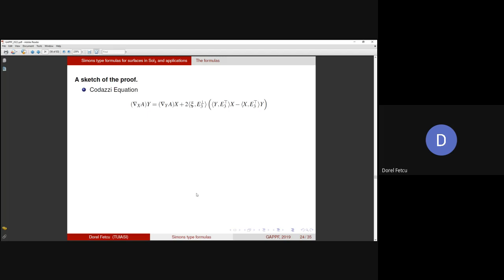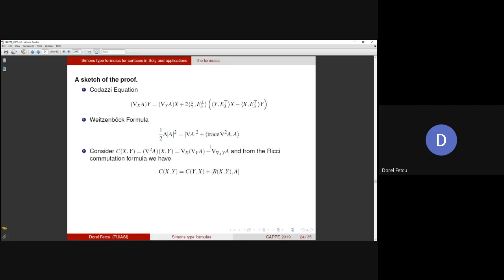From the Codazzi equation, we have this formula. We see that we are very far from the classical Codazzi property. And then we have the Weitzenböck formula for the Laplacian of the squared norm of A. We can see that our goal is to compute this second term on the right-hand side.